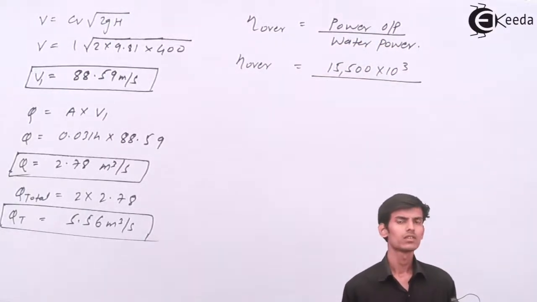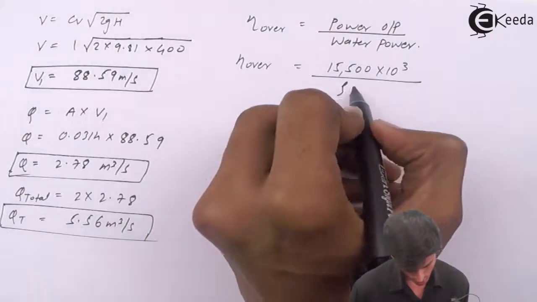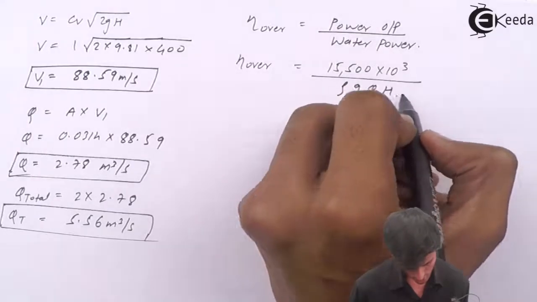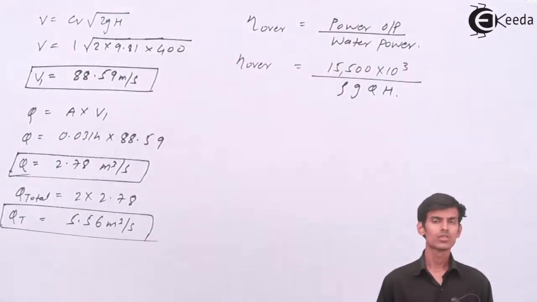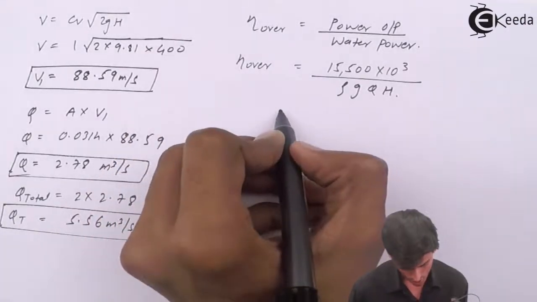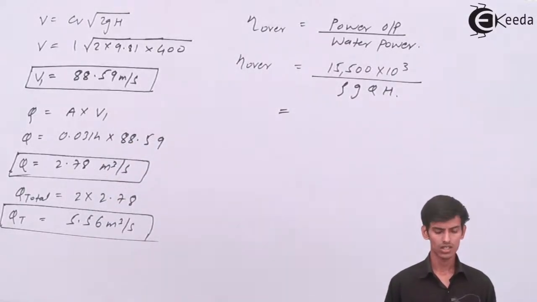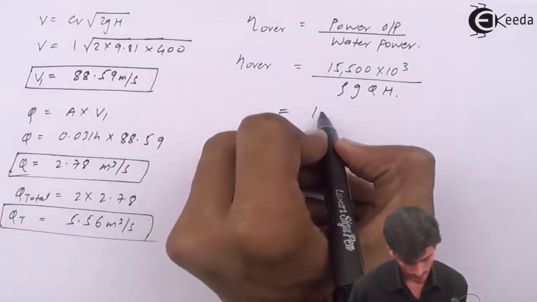The water power is nothing but rho g Q H. And we know all the values. The rho is 1000, g is 9.81, Q we have already calculated as 5.56, and H is given in the question. Once you substitute all these values of rho, g, Q, H, you get the value of overall efficiency.